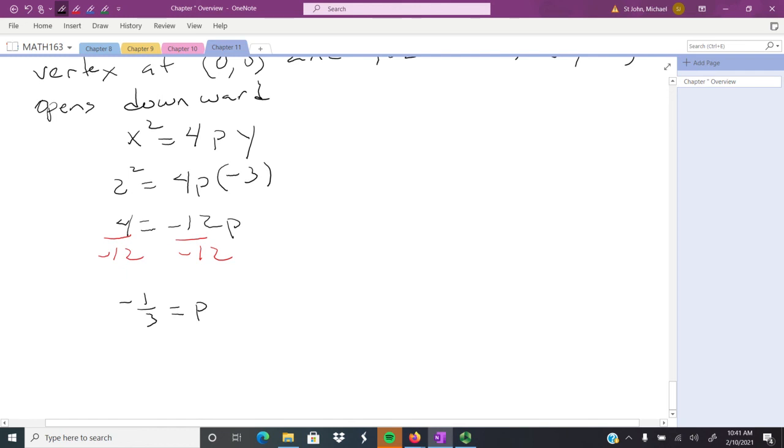And so that would mean that our equation is x squared equals minus 4/3 y. So we found the equation of our parabola that goes with that information.